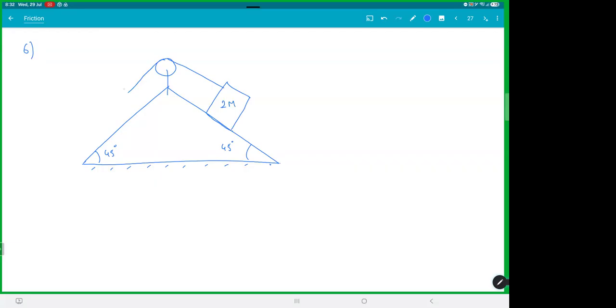This is 2m. This is m. And the friction mu is equal to 1 by 3. Find the acceleration of the blocks.